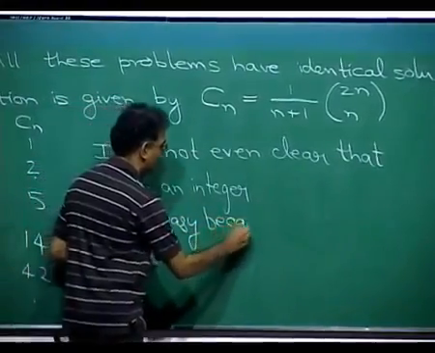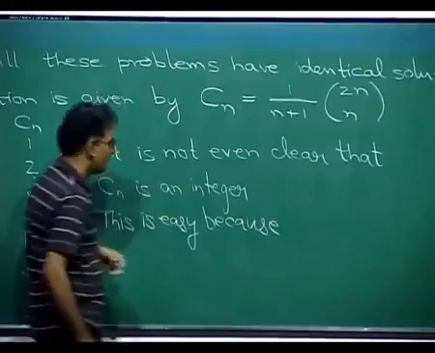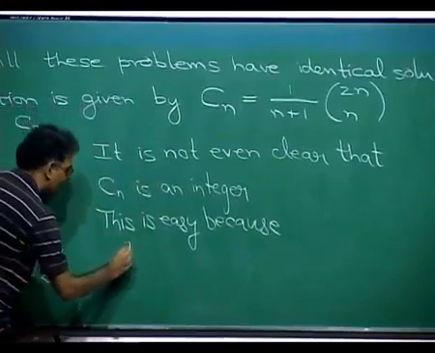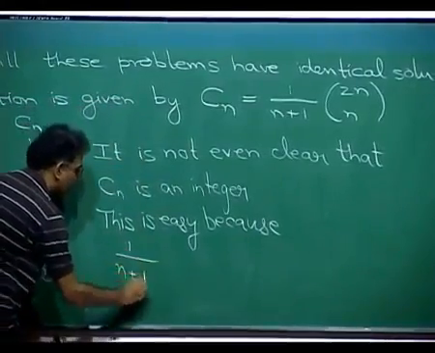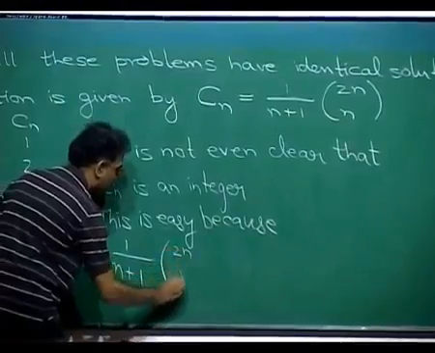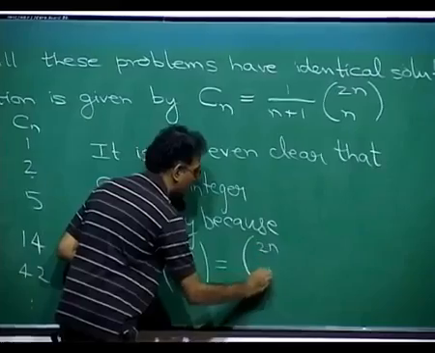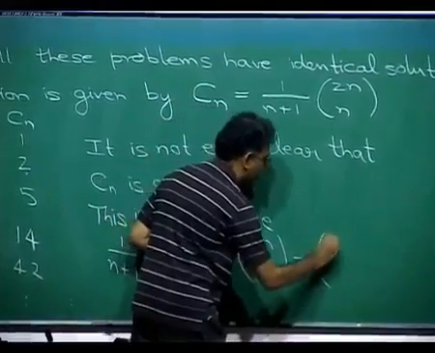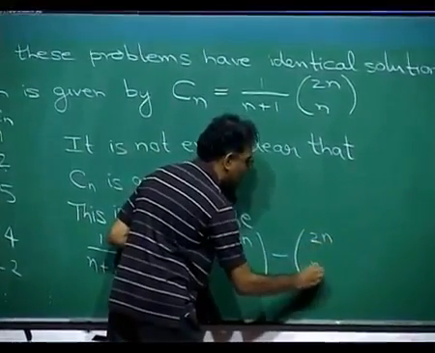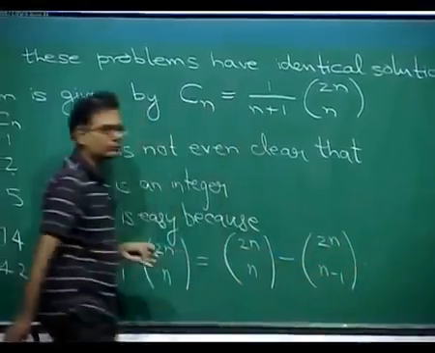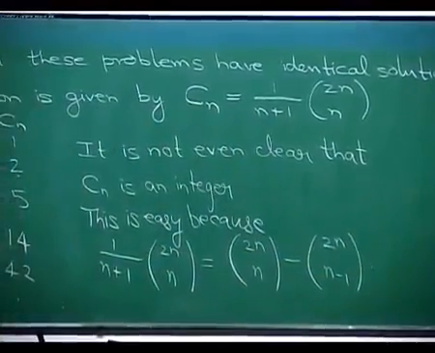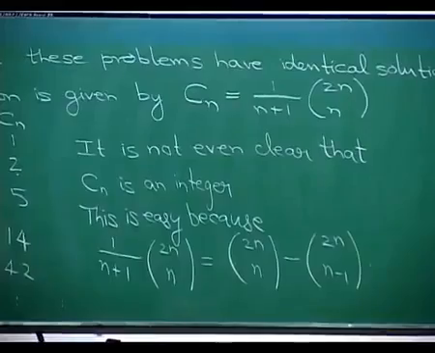Because we can rewrite 1 over n plus 1, 2n choose n, as the difference of two binomial coefficients. It is 2n choose n minus 2n choose n minus 1. And why is this? This is easy to prove.